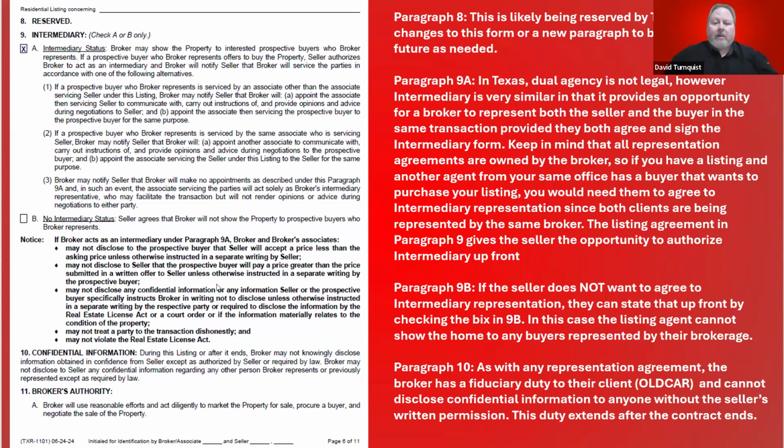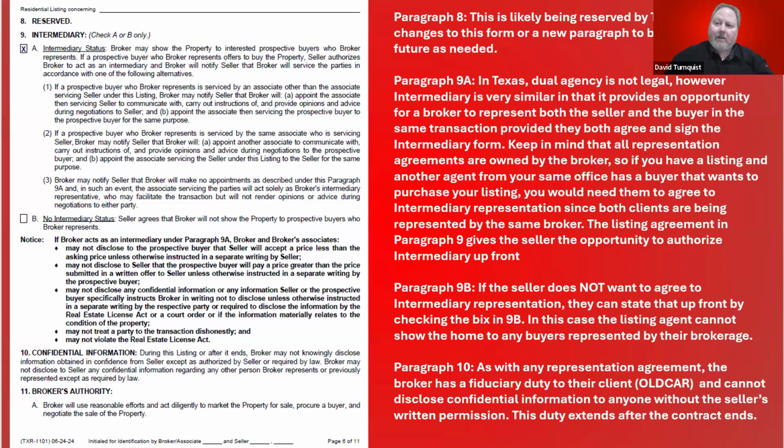Okay, paragraph 10, confidential information. Remember that when you represent someone, they are a client, they get obedience, loyalty, disclosure, and so on. Their needs come ahead of yours, and that includes confidentiality. Confidentiality means you don't share confidential information. That doesn't mean you don't disclose that the house flooded.